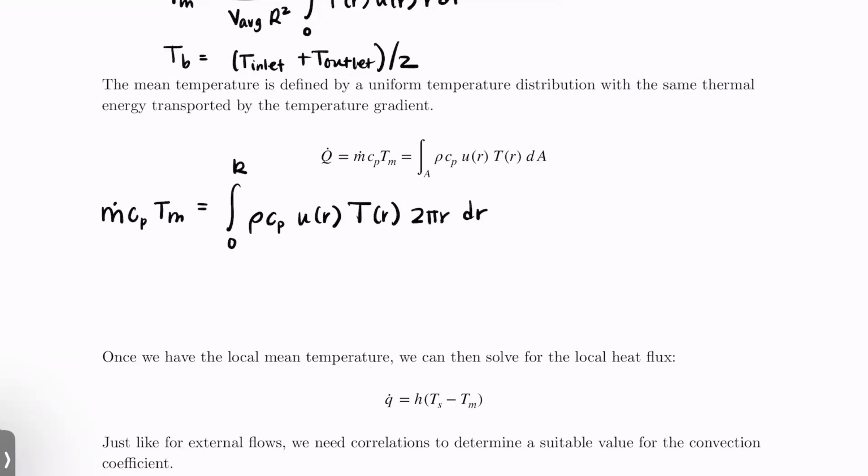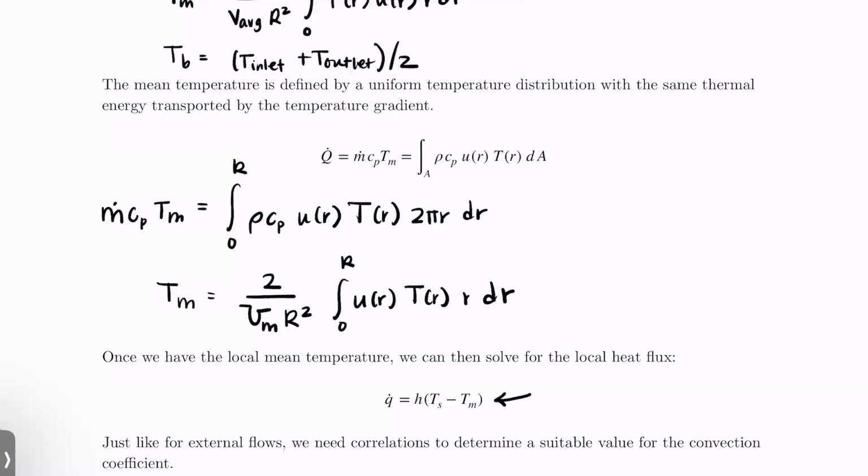So another way that we can write Tm is the following. We can use 2 over the mean velocity R squared, integral from 0 to R, u(R), T(R), R dr. Once we have that mean local temperature, we can solve for the local heat flux using Newton's law of cooling.